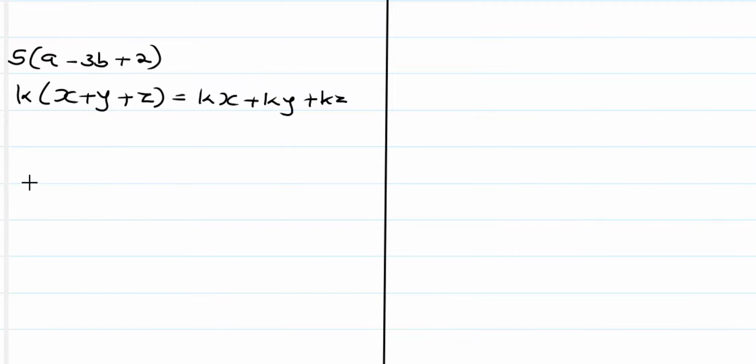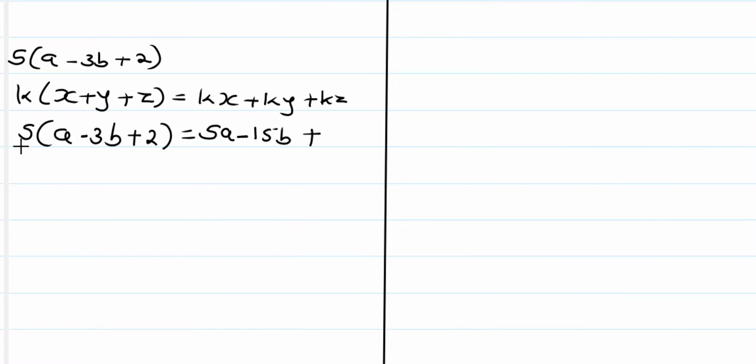So in this case, 5 takes on the place of k, so it becomes 5 into a takes on the place of x, then minus this 3b takes on the place of y, so it becomes 3b, then plus this 2 takes on the place of z, so it becomes 2, and then we open the brackets, so it becomes 5 multiplied by a, which is 5a, minus 5 multiplied by 3b, which is 15b, then plus 5 multiplied by 2, which is 10. And that becomes the solution for this question.